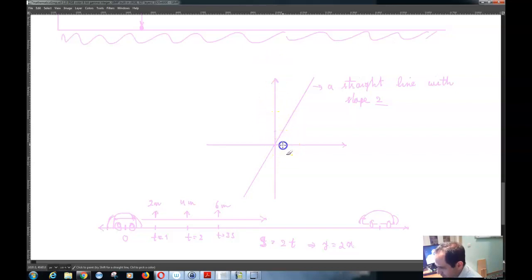At this point, time has to be multiplied by 2 to get to 2. At this point, multiplied by 2 to get to 4. At this point, 3 times 2 to get to the position of the car, which is equal to 6, and so on and so forth.